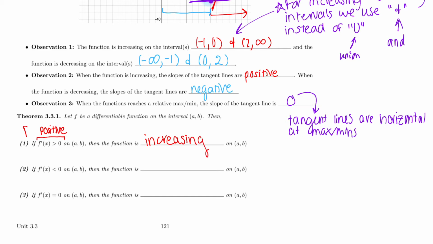So if f prime is positive, the function is increasing. If f prime is negative, so less than 0, the function is decreasing. And if the derivative is equal to 0 on an interval, the function is going to be constant on that interval.